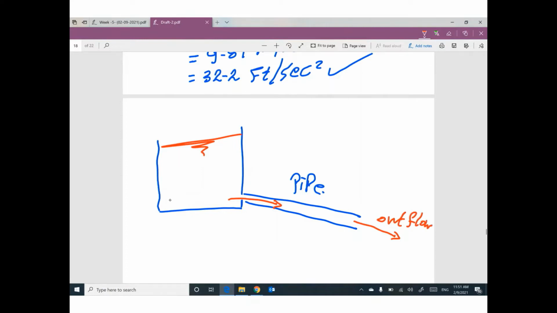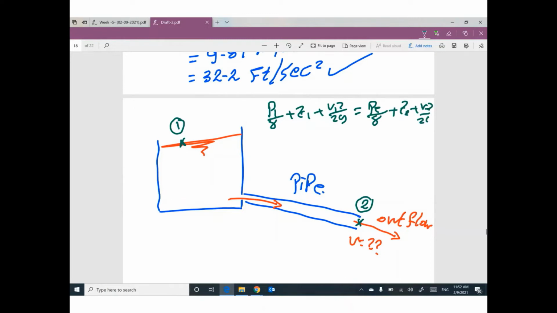This outflow has a velocity. How much? I don't know. So I selected this location as section number 1 and this location as section number 2. And I said P1 divided by gamma plus Z1 plus V1 squared divided by 2G equals P2 divided by gamma plus Z2 plus V2 squared divided by 2G at section number 1 and section number 2.